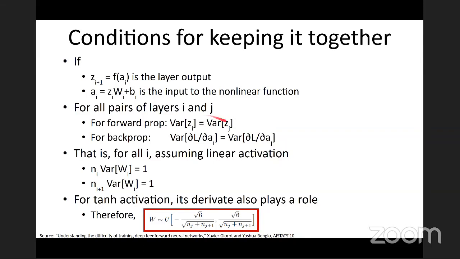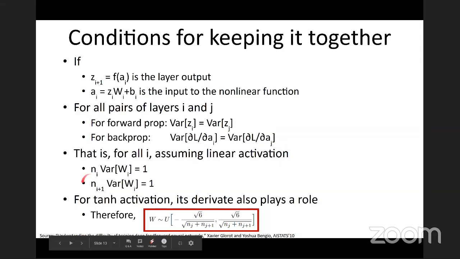Now for any two layers i and j, number one, the variance of the activations should be the same. Number two, the variance of their derivatives should also be the same. So the derivative of the loss with respect to the linear output should be the same for both layers. If we solve for these two conditions, what we get is that the number of neurons in any particular layer times the variance of the weight should be 1.